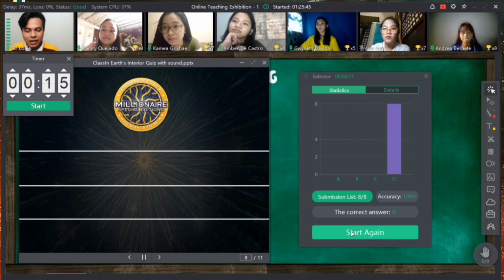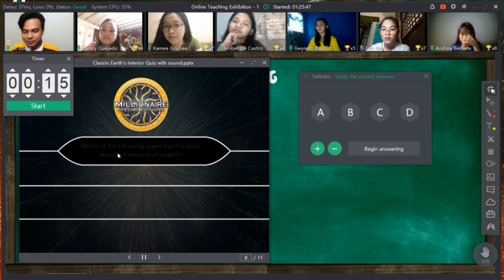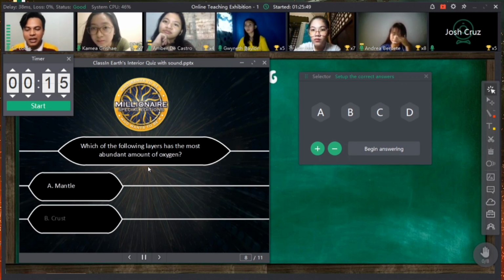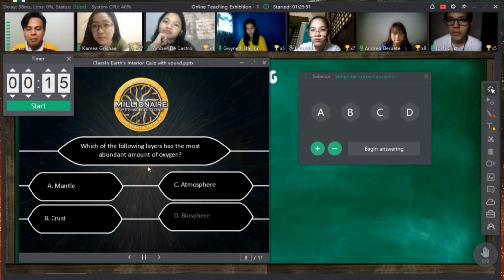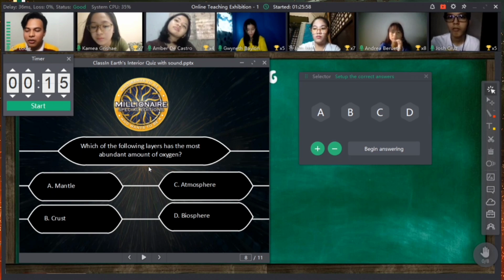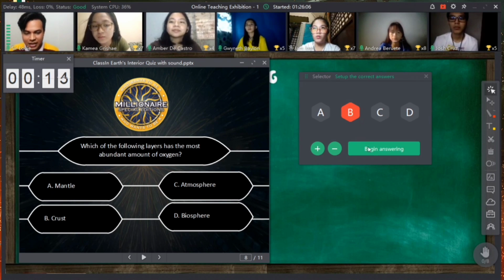Question number 4. Which of the following layers has the most abundant amount of oxygen? Again, which of the following layers has the most abundant amount of oxygen? A. Mantle, B. Crust, C. Atmosphere, D. Biosphere. So 15 seconds.